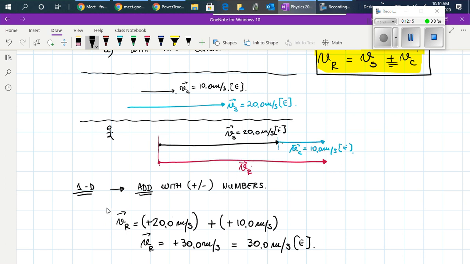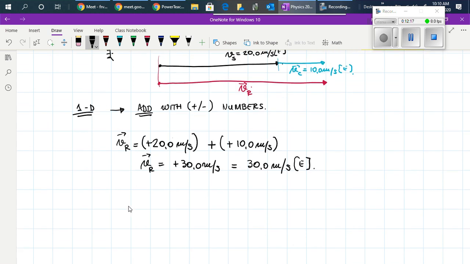If they're asking you what is the distance or what is the time, for example, what is the distance or the displacement that the swimmer will obtain if he is swimming for 100 seconds?